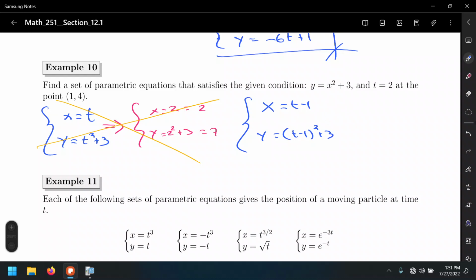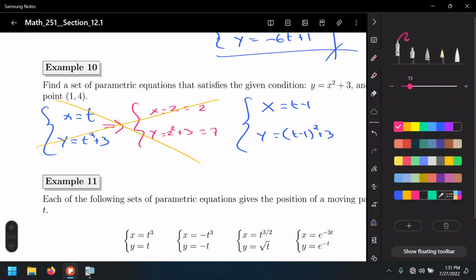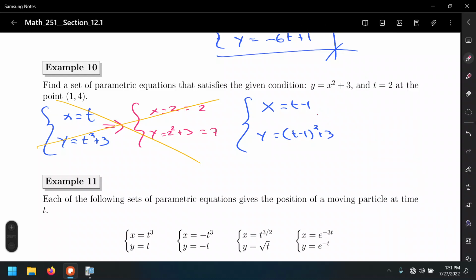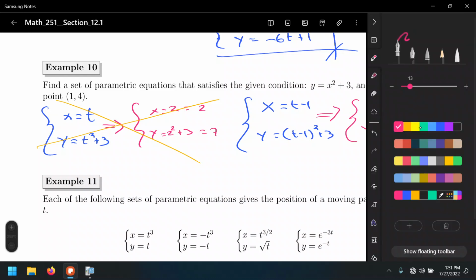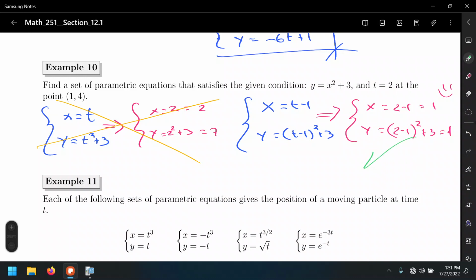So at t equals 2, x equals 2 minus 1, and y equals 2 minus 1 squared plus 3. Oh, yes, this is 1. This is 2 minus 1, which is 1, squared, which is still 1. 1 plus 3. And this is the 1. All right? This is the right choice.